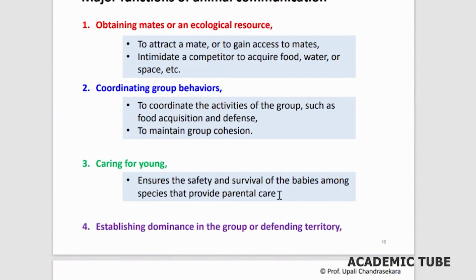Now, parental care, the babies will see the facial expressions, etc. And the babies feel the touch of the parents. That's tactile communication, right? The kind of a thermal communication, body warmth, right? So caring for young, and then establishing dominance in the group and defending territory.